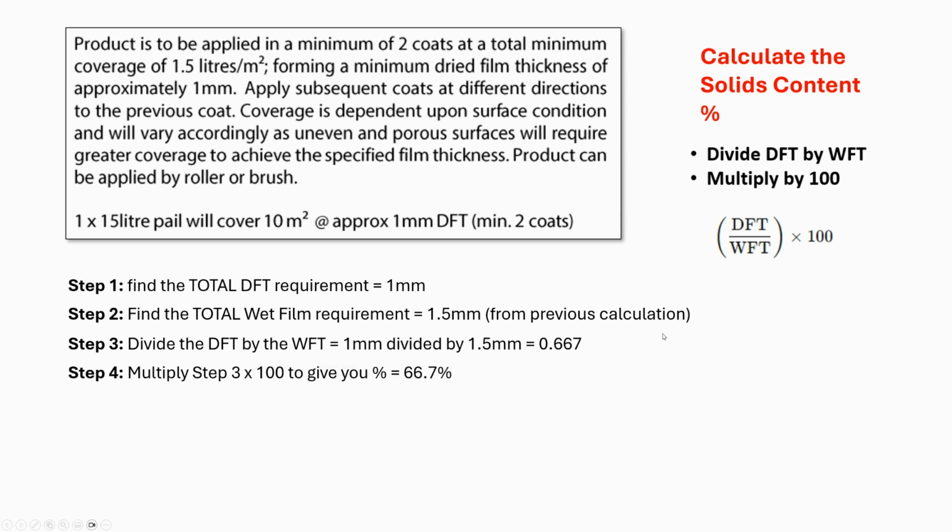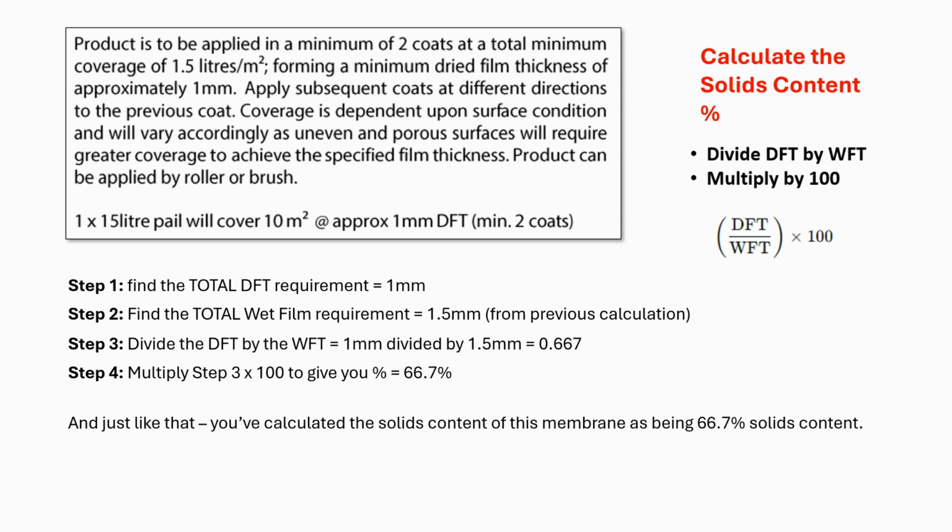Then we just multiply that by 100 to give us a percentage. So step 4 is just multiply step 3 by 100, and you'll end up with 66.7%. And again, just like that, you've calculated the solids content of this membrane as being 66.7% solids content. What does that mean? We'll find out in class.